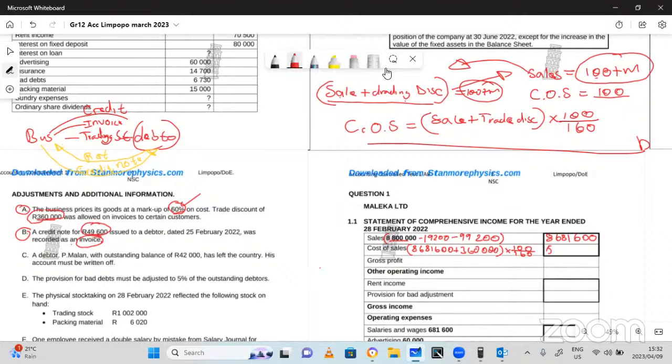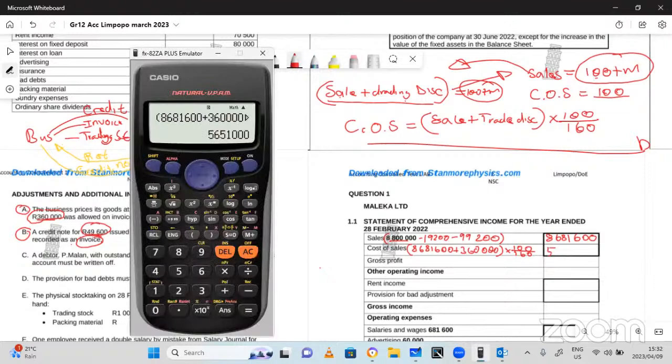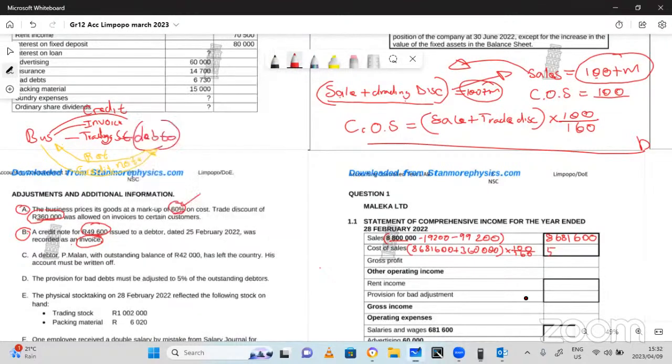So we have 5,651,000 rand, which is our cost of sales.